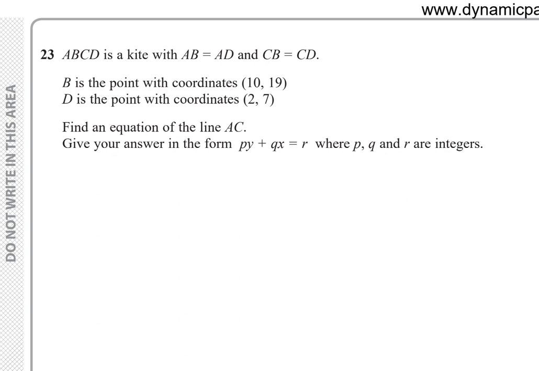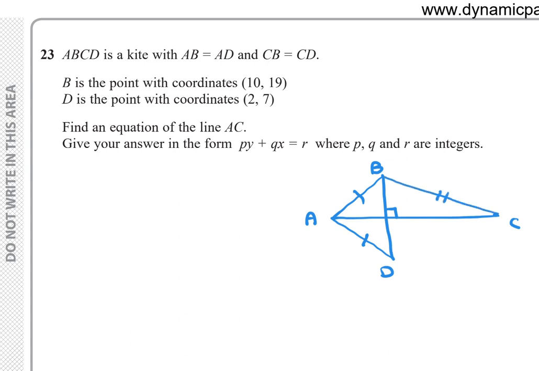23. A, B, C, D is a kite with AB equals AD and CB equals CD. Draw the kite. For the kite, the two diagonals are perpendicular. AB equals AD. So if we consider this A, so AB equals AD, and CB equals CD.